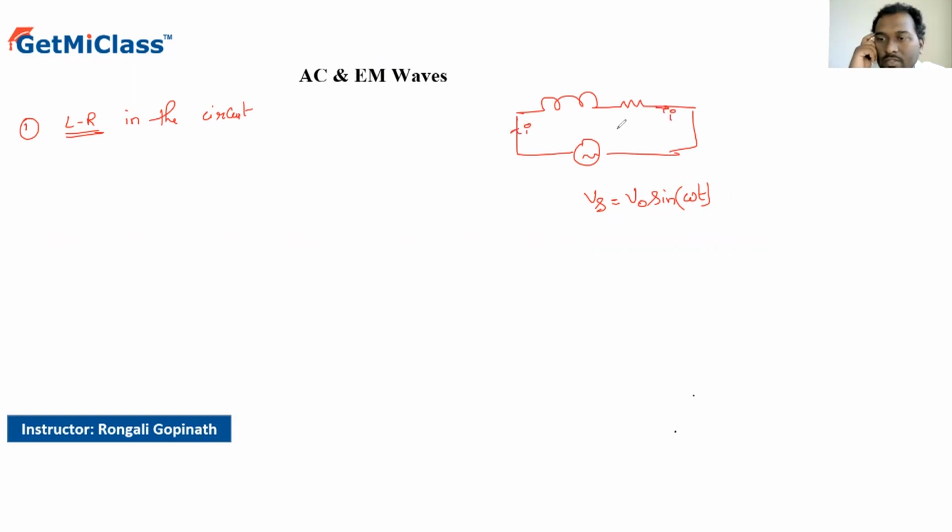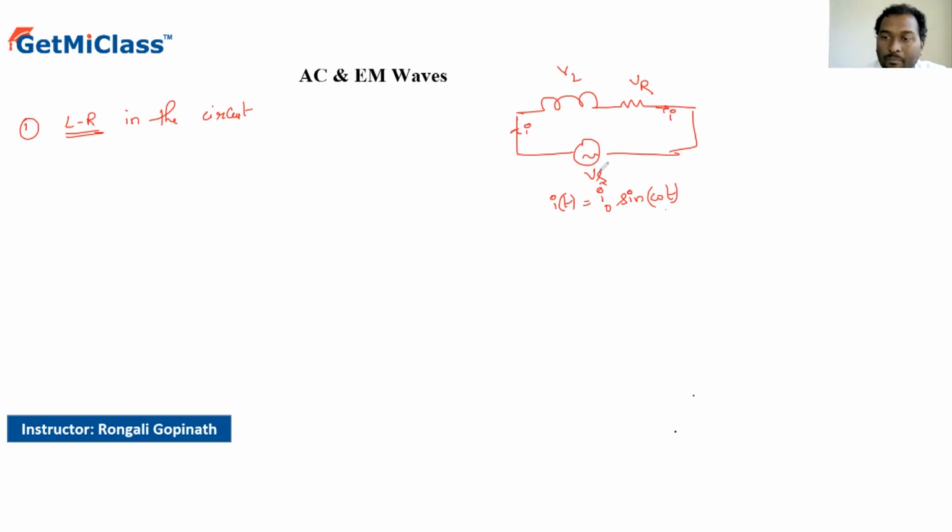This will not change. So let's say the current in the entire circuit, I of t, is I naught sine of omega t. The voltage across the inductor is VL, and the voltage across the resistor is VR. This is the source voltage. Now, since the current is given, I should be in a position to write the voltage across the inductor.